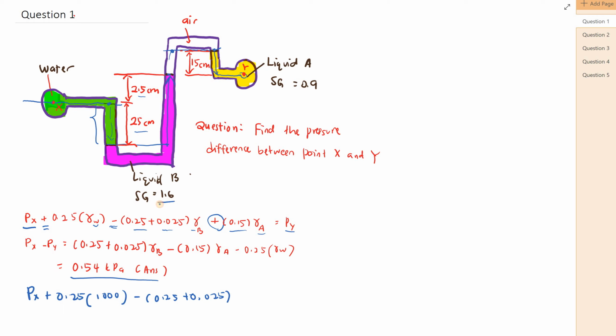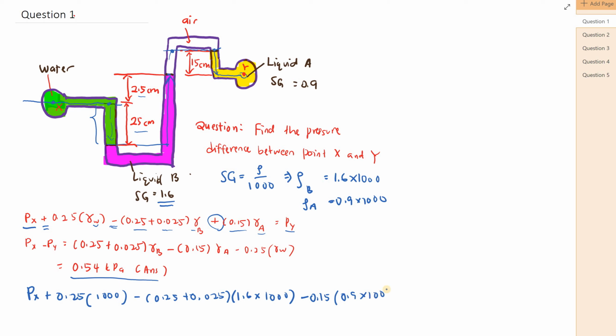This is the specific gravity. SG is equal to density over 1000. So the density of your liquid B is equal to 1.6 times 1000. And then minus 0.15, again for liquid A. Liquid A, the SG is 0.9, so density of A is 0.9 times 1000.